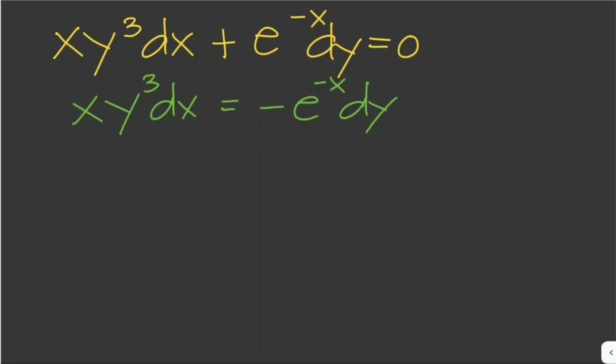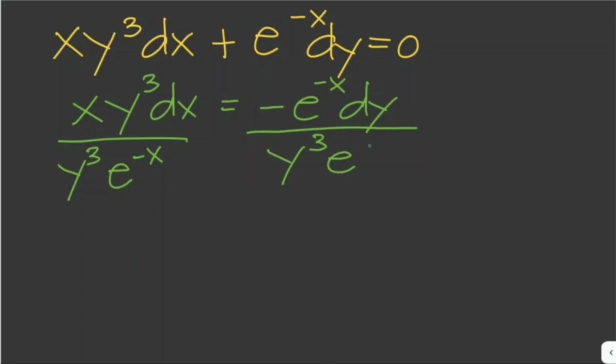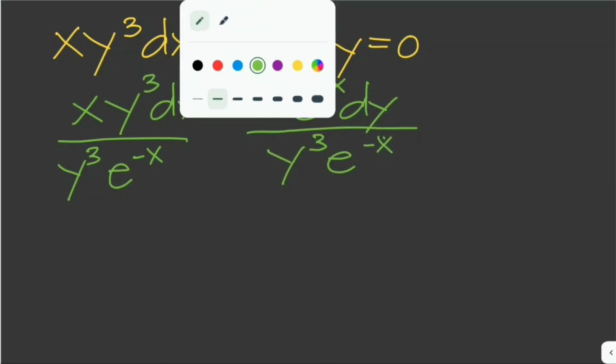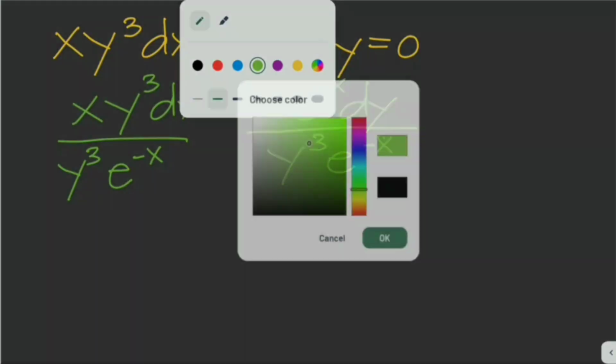We just transpose e to the negative x dy to the right. And now we can group all of the terms containing x with dx and those containing y with dy. So we can divide both sides by y cubed e to the negative x.